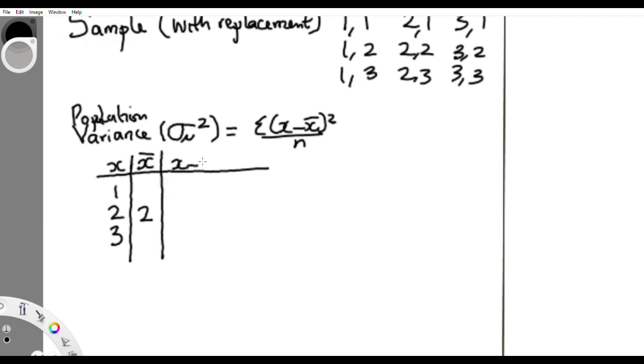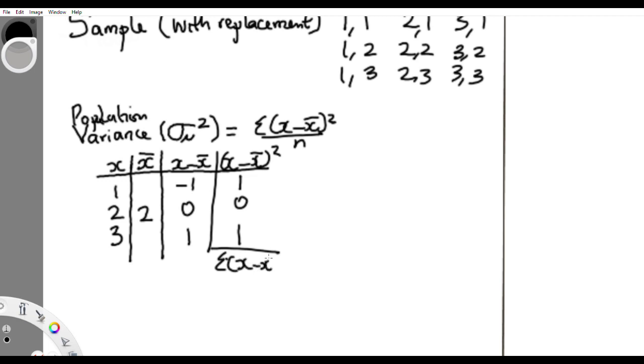Now x minus x bar is minus 1, 0, 1, and x minus x bar squared is 1, 0, 1. The summation of x minus x bar squared equals 2.